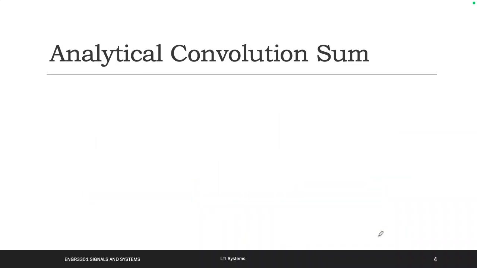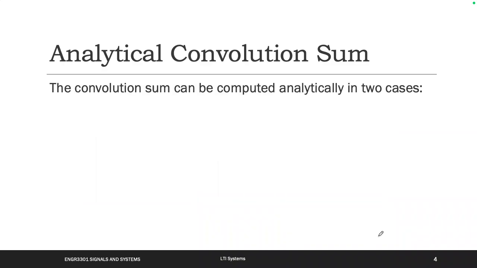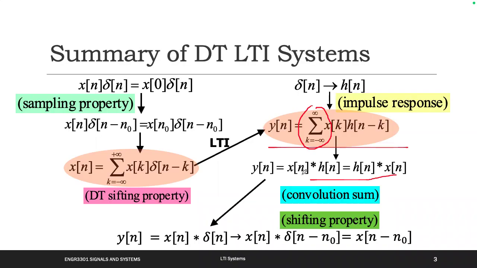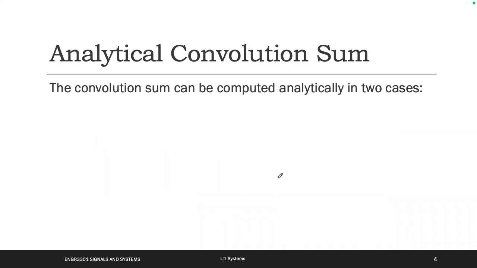For the DT LTI system, we usually want to get the output, that is, use the mathematical form to represent the LTI system. We know the convolution sum can help us to get the output. Am I right? Actually, the convolution sum can be computed analytically in two cases.